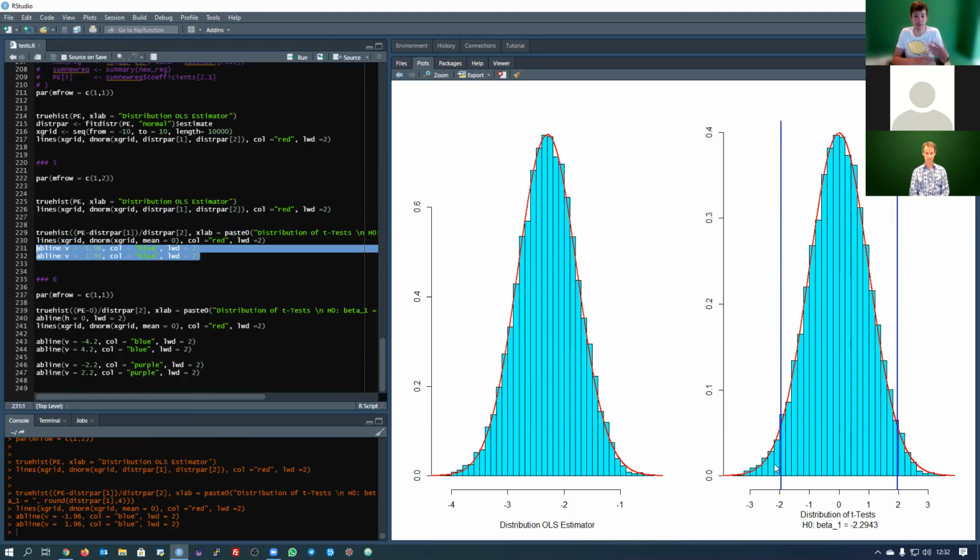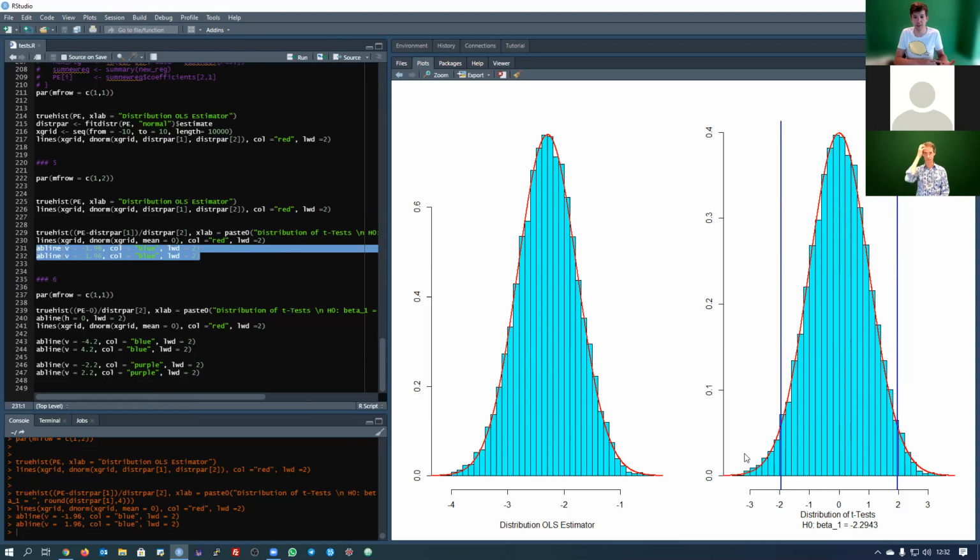If we want to have a different significance level, so if we want to limit the probability that we wrongly reject a null hypothesis just by chance to, for example, 1%, then we would have different critical values that are even further outside, even further in the tails of the distributions.